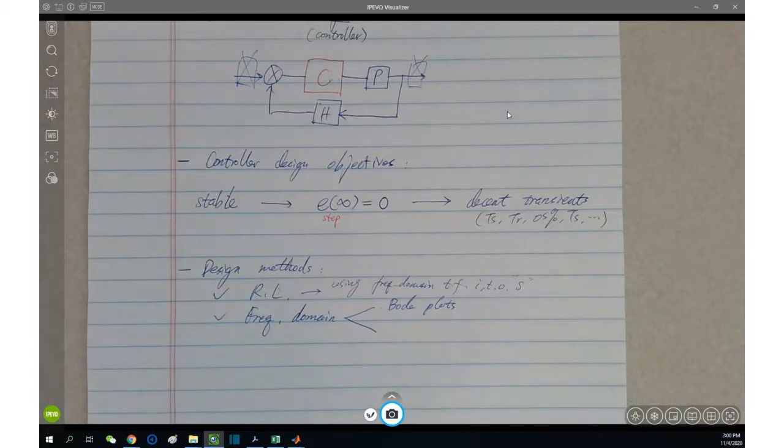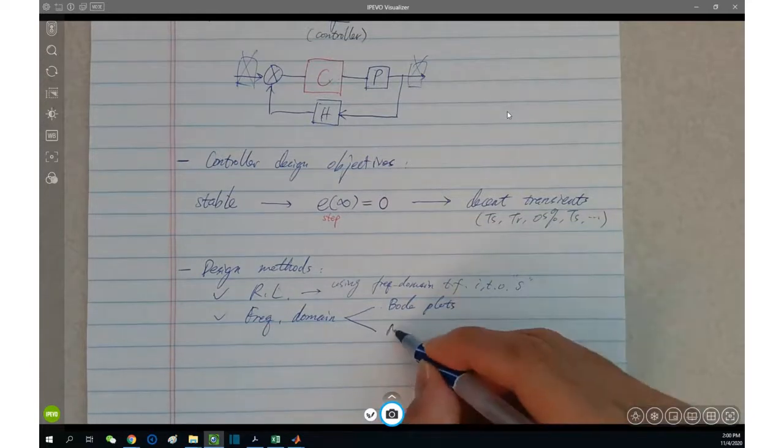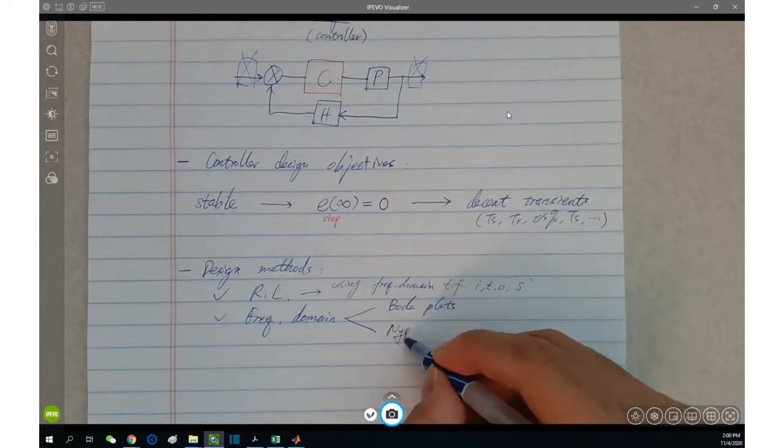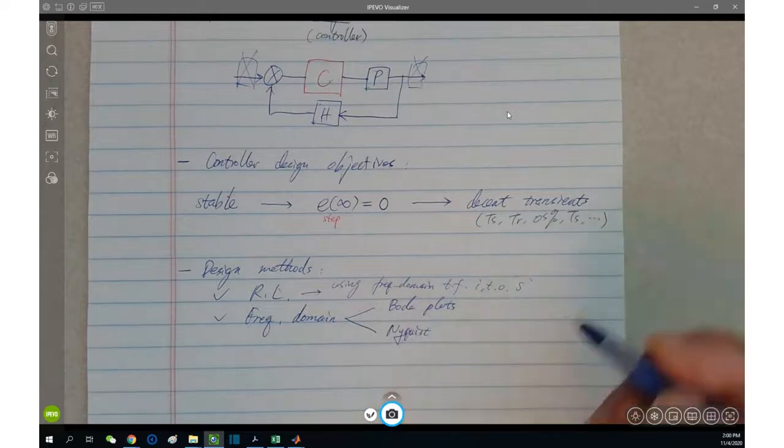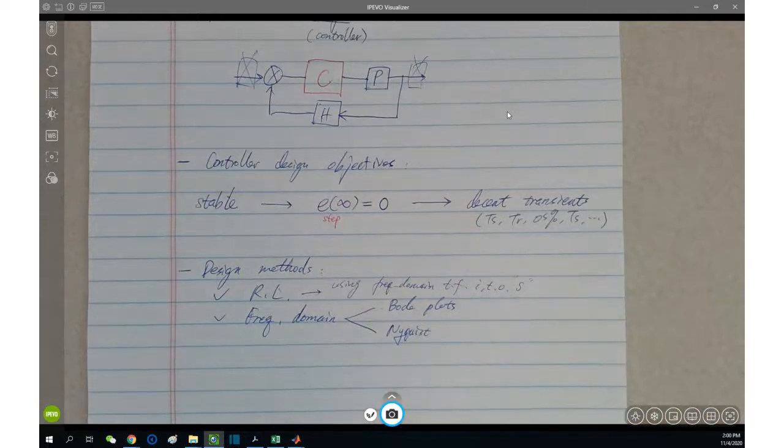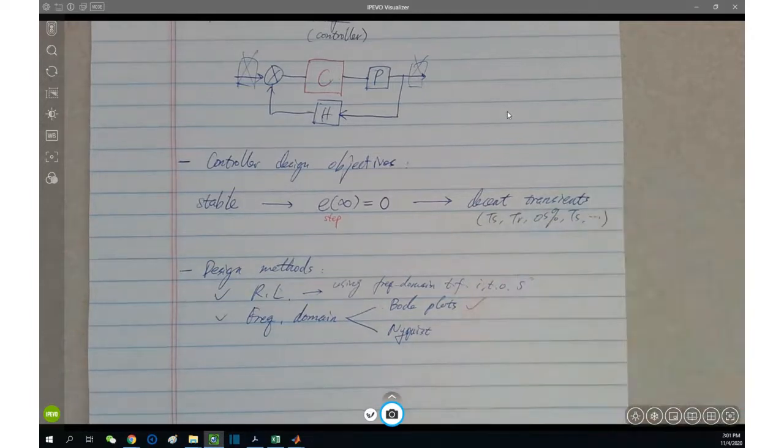The Bode plot and the Nyquist plot. Because of the time limit, this course is going to teach this one, and leave the Nyquist to the advanced control class.